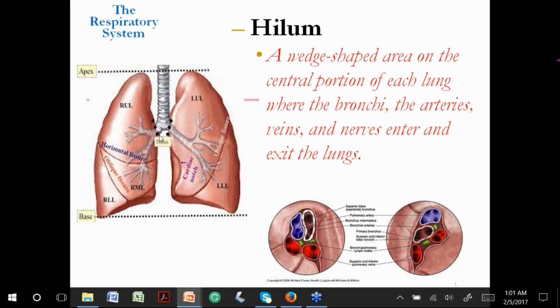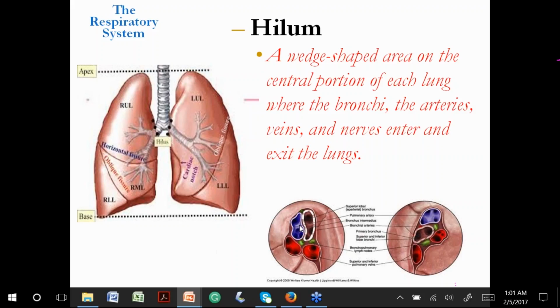If you cut here and you see what is inside, you will see the bronchi, we have arteries and we have veins. We have the pulmonary veins and the pulmonary arteries. They are going in relation to the heart. If you remember the pulmonary circulation, right?